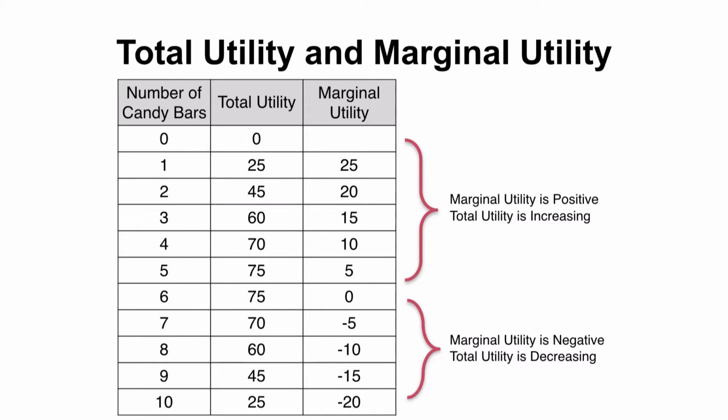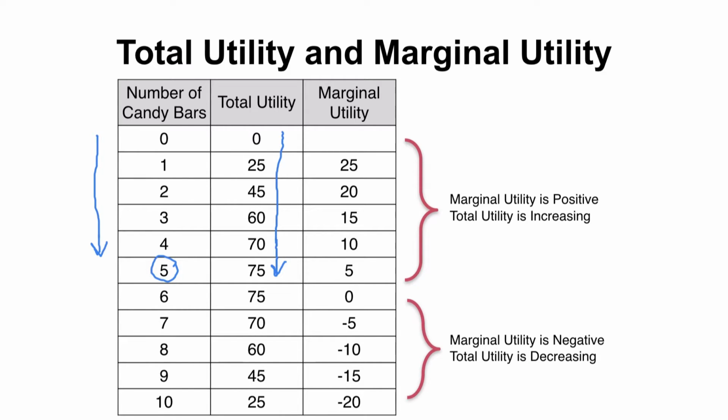So as you can see here, this is the number of candy bars that a consumer is consuming. And total utility is showing us the total level of satisfaction that the consumer derives from the candy bars that he consumes. So for the first candy bar, he gets 25 units of satisfaction, or 25 utils. And this continues on, the total utility, or his total level of satisfaction, continues to increase up until the 5th candy bar.